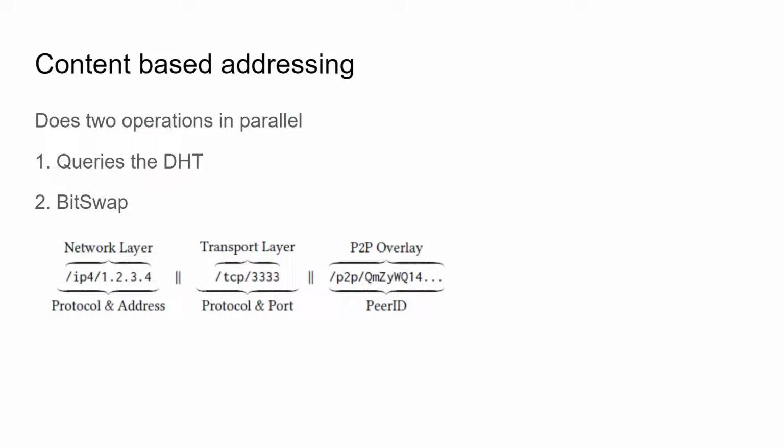When a node requests a piece of content, it will perform two separate operations in parallel. The first operation is to query the underlying distributed hash table for the providers of the content by using the unique ID of the content in multi-round iterative lookups.